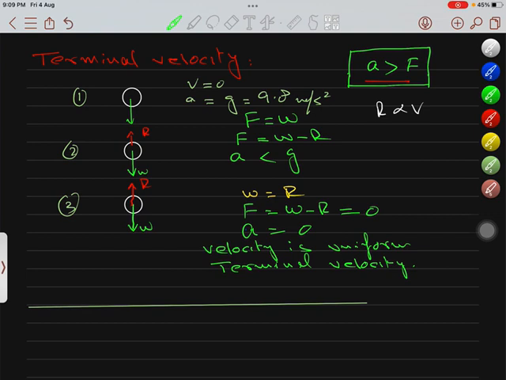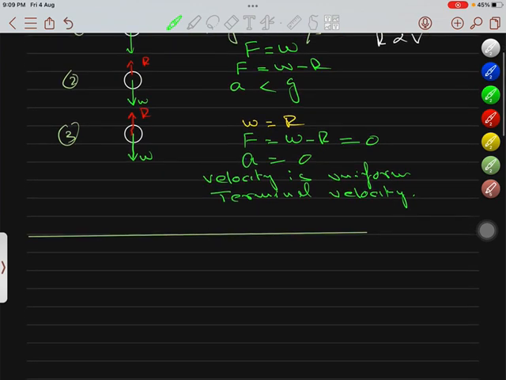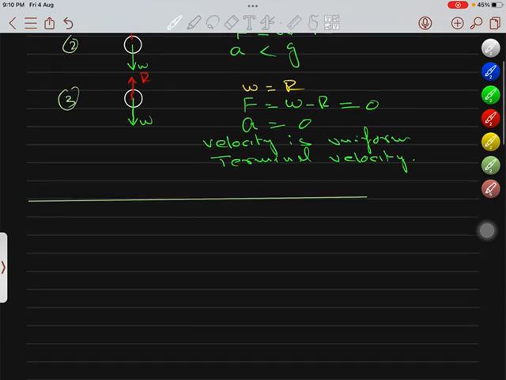And after that, the object will continue to move with the uniform velocity, no change in the velocity, and it will be called terminal velocity. So if you wish to write the definition of the terminal velocity, what can we write?